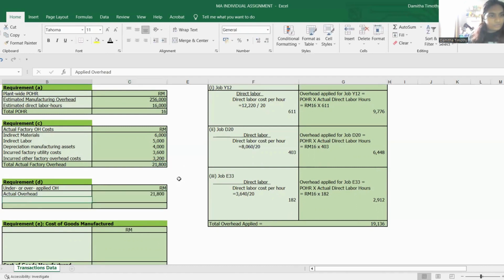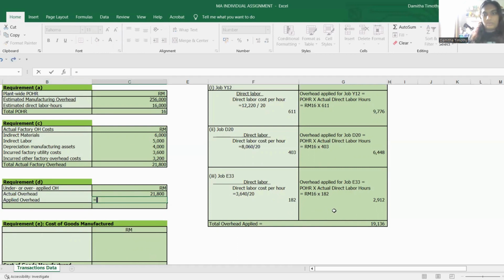And also we'll move to the applied overhead. So the applied overhead here is 19,136.